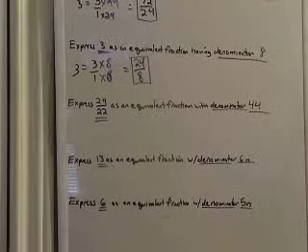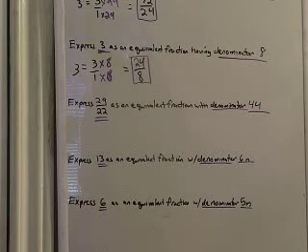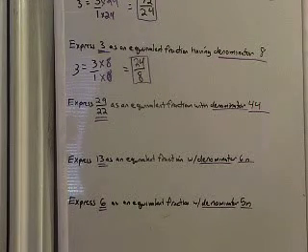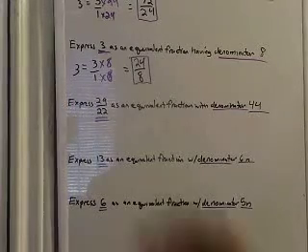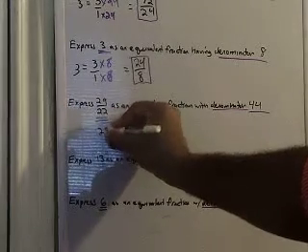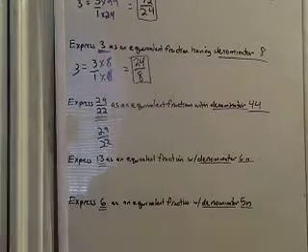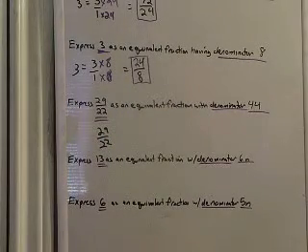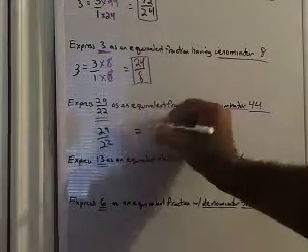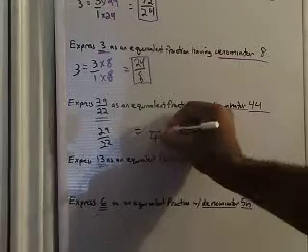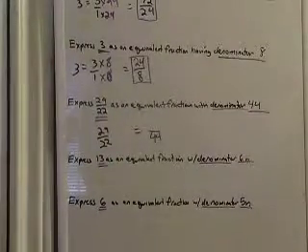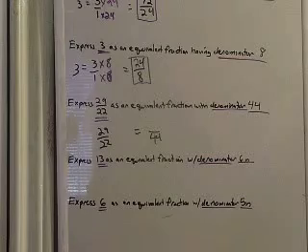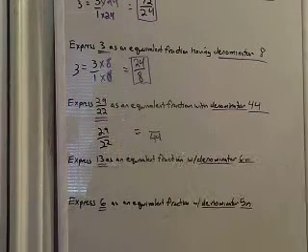Express 29 over 22 as an equivalent fraction with denominator 44. Well, 29 over 22 is already a fraction, so we don't have to turn that one into a fraction. Here we just do the same process. What times the old denominator will give us the new denominator? So what times 22 will equal 44?